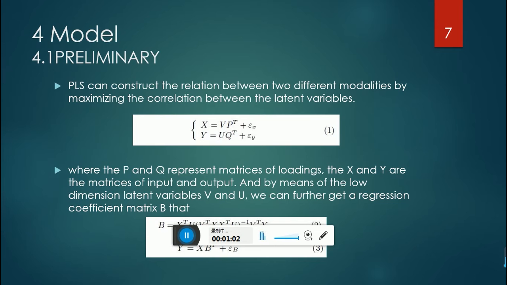And as you can see, delta X and delta Y are the residual matrices, and B is the coefficient matrix. By solving the objective function, we can get the regression coefficient matrix B like this.